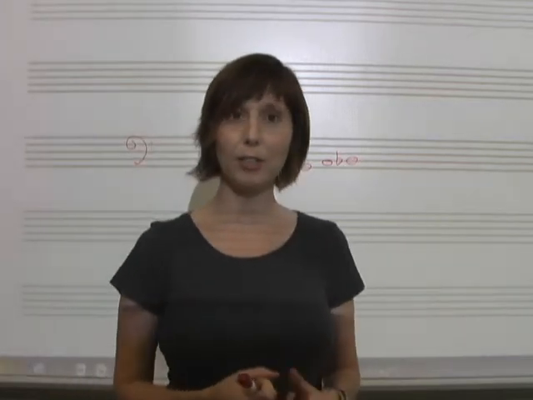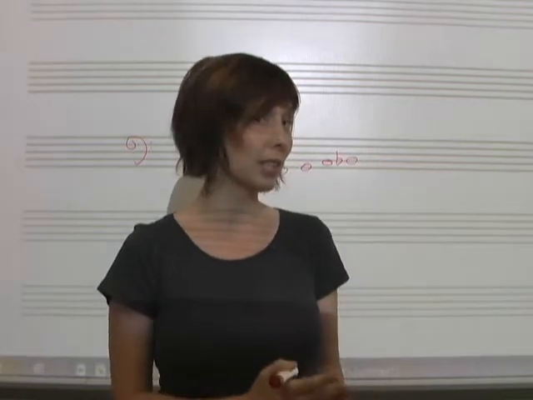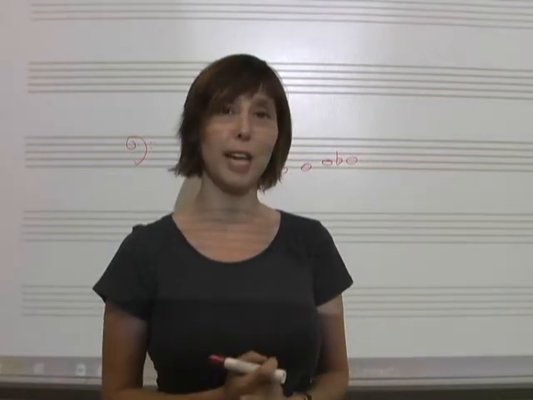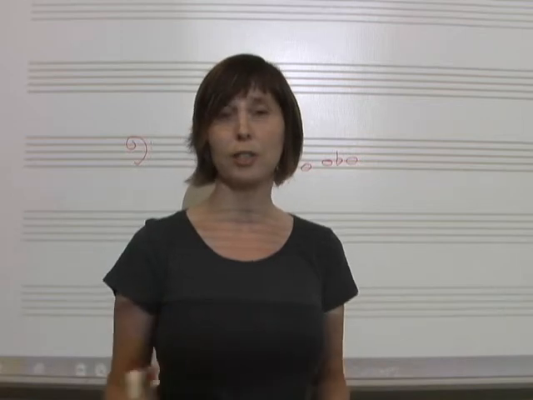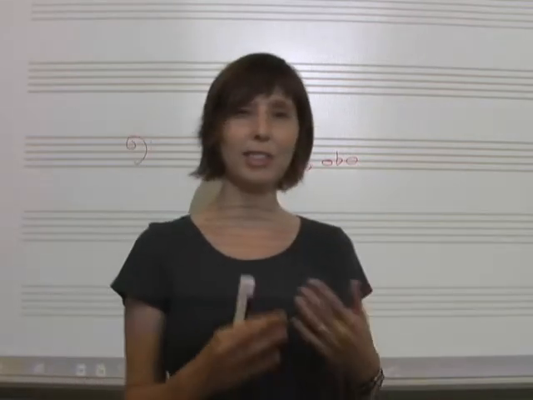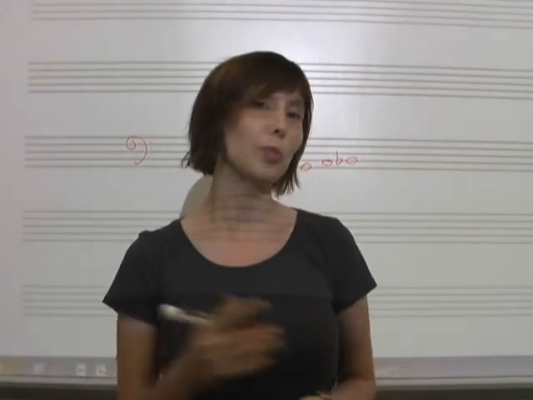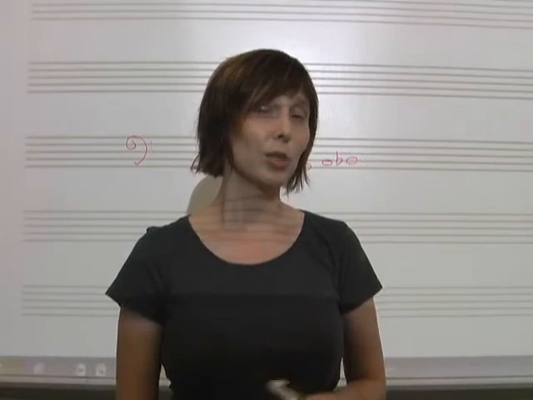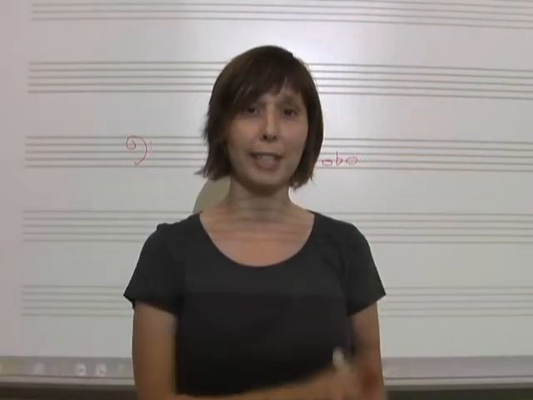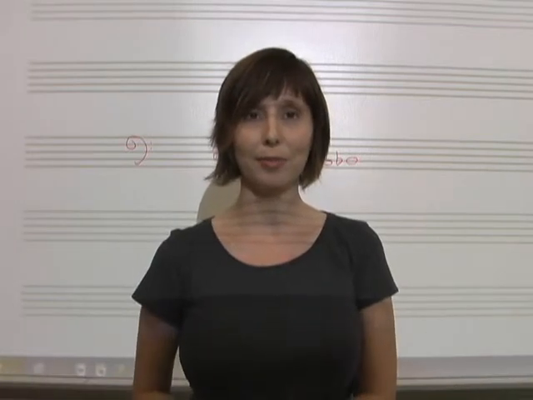So it's not enough to just count the letters. You need to make the scale. Because some scales have sharps and some scales have flats, even though the first note isn't sharp or flat. However, with perfect intervals, the notes usually match up. Actually, the only ones that don't are F and B. With the other intervals, though, you're really going to need to make the scale. So you might as well get in the habit right now.